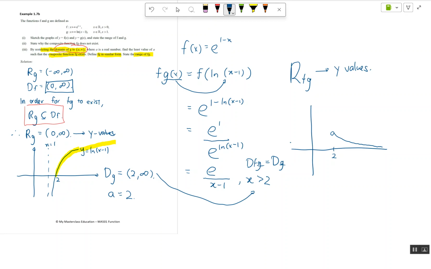So when x is 2, the y value is e to the power of 1 over 2 minus 1, which in this case is just going to be e itself. So don't be tricked by the calculator, because you have already restricted the domain to start at 2. You have to draw the graph that looks like this. So this is y as well as this is x. And this is how you do quite a complicated question on composite function.